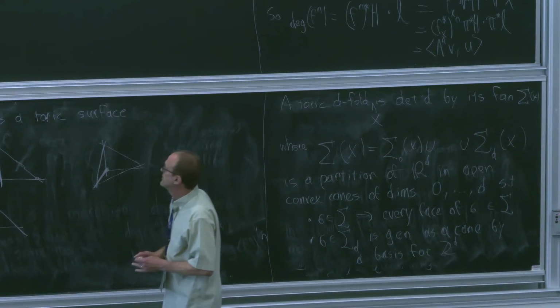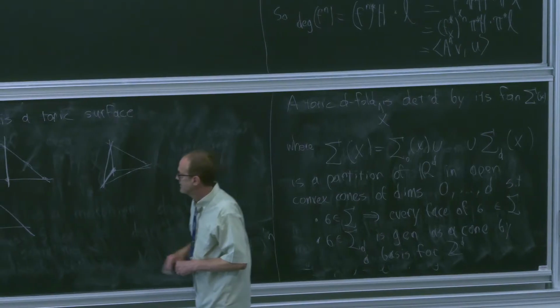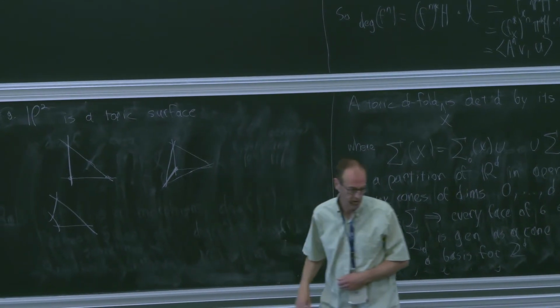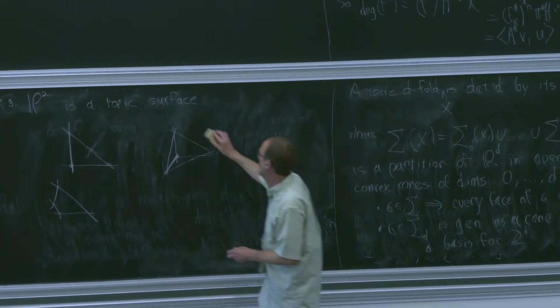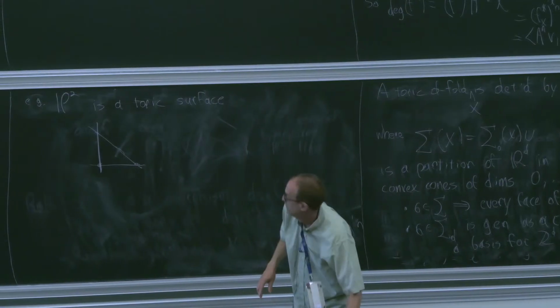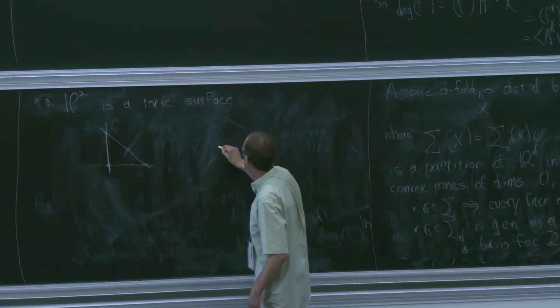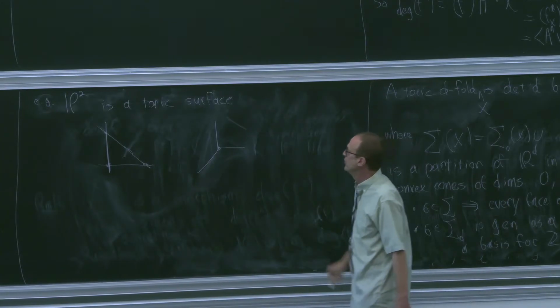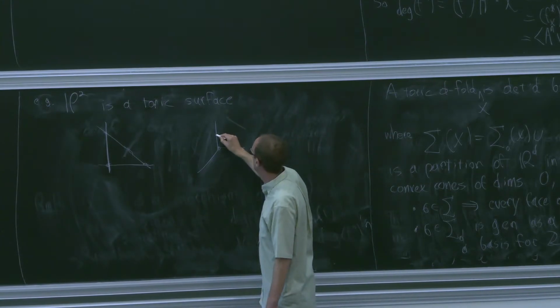So for instance, let's take P2. I have my triangle, and where's my eraser? So you can get a fan for P2 if you take all the cones in this picture.